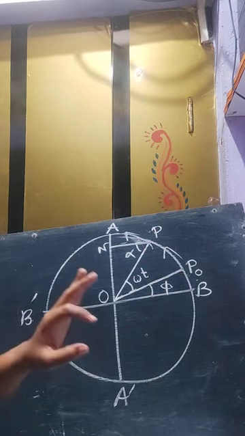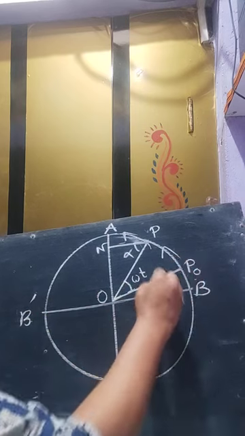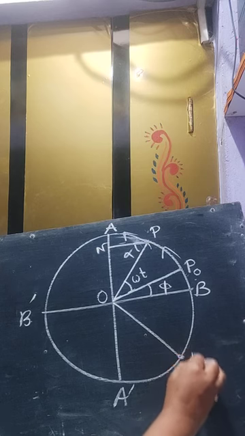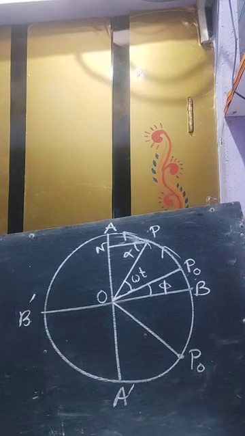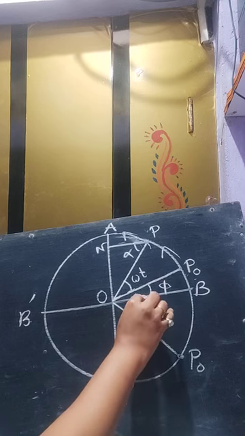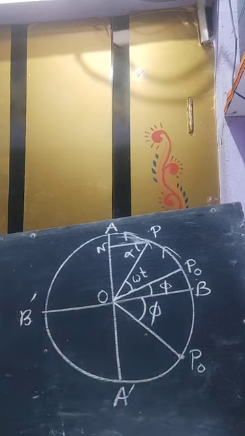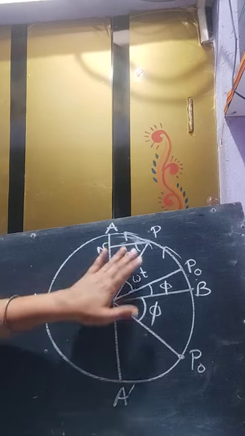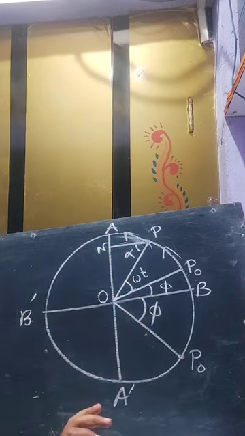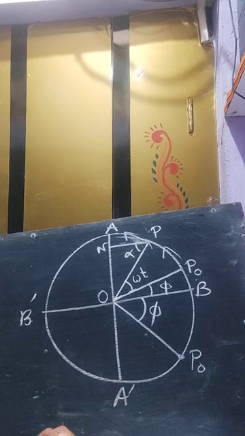And if they are passing in the opposite direction, suppose P is passing like this and P0 is here, then for this position I will say that P and P0 are in opposite phase.